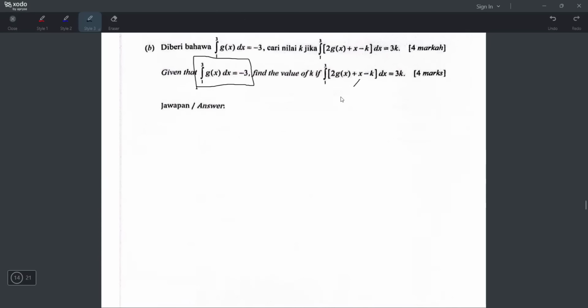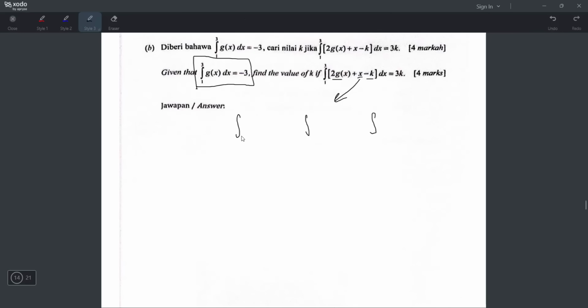Okay, of course, you have to start from here. What you have to do is separate this, and you already learned how to separate. When it's a definite integral and you have separate terms inside the bracket, you can separate that into 3 integrals, because there are 3 terms. So you open 3 integrals like that.